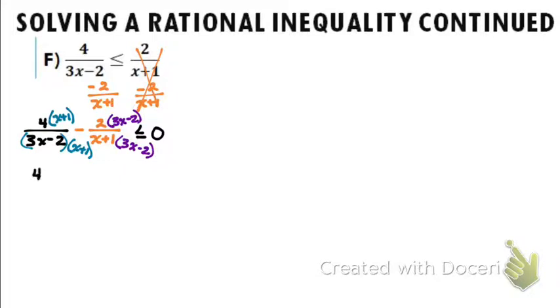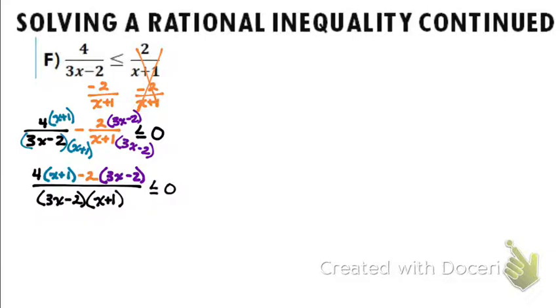So I have 4 times x plus 1 minus 2 times 3x minus 2 all over my common denominator. And that should be less than or equal to 0.